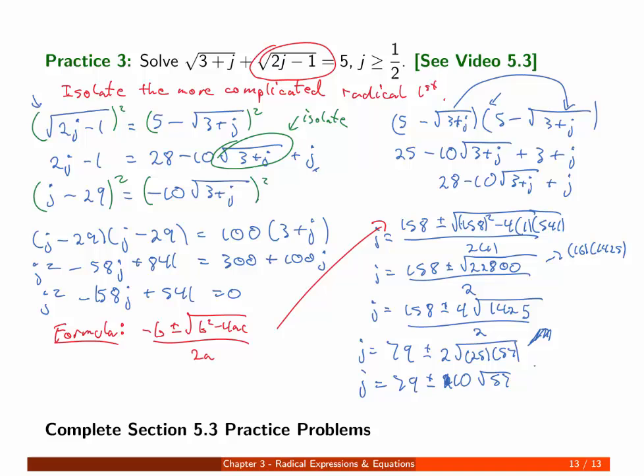Now, we're going to have to check. And to check for this problem, I would suggest using the decimal expansion.